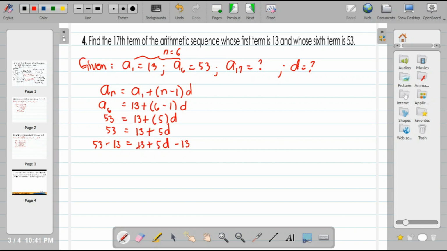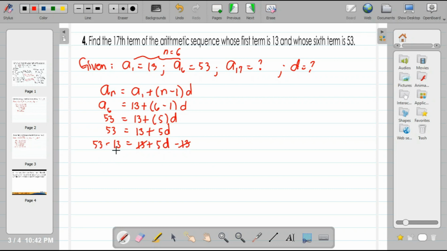So ma-zero na. Again, this is called the subtraction property of equality. Mao nang inyong naandan nga moingon mo nga 13 plus 5d, ang pikas niya si d atong gipangita, so i-transpose diha si 13 mahimong negative 13. Actually, it came from the subtraction property of equality.